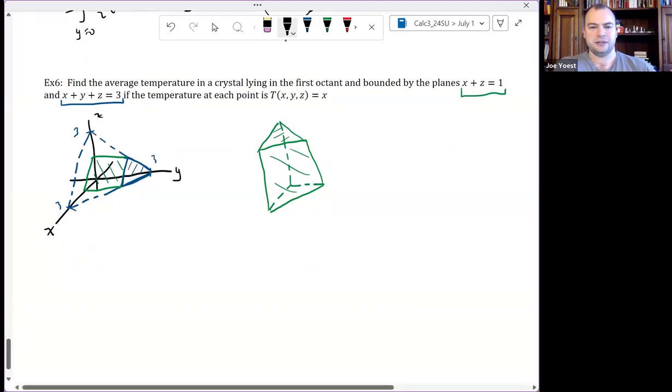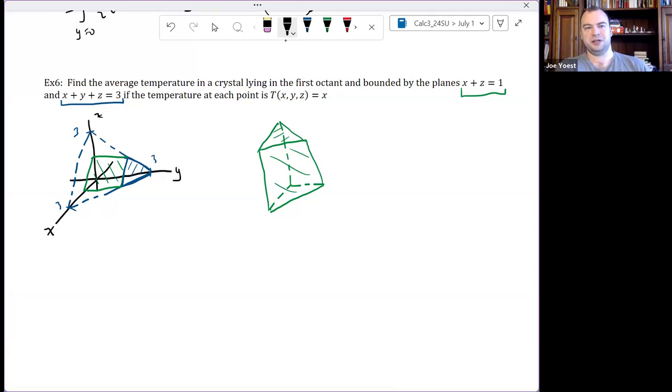Now, how do I find an average temperature? Well, I want to accumulate all of the temperature to get something like a total temperature, or maybe we would call it the heat in it. And then I want to divide that by the volume. So I want to integrate temperature over the volume, but wait, the volume is just the integral dV.